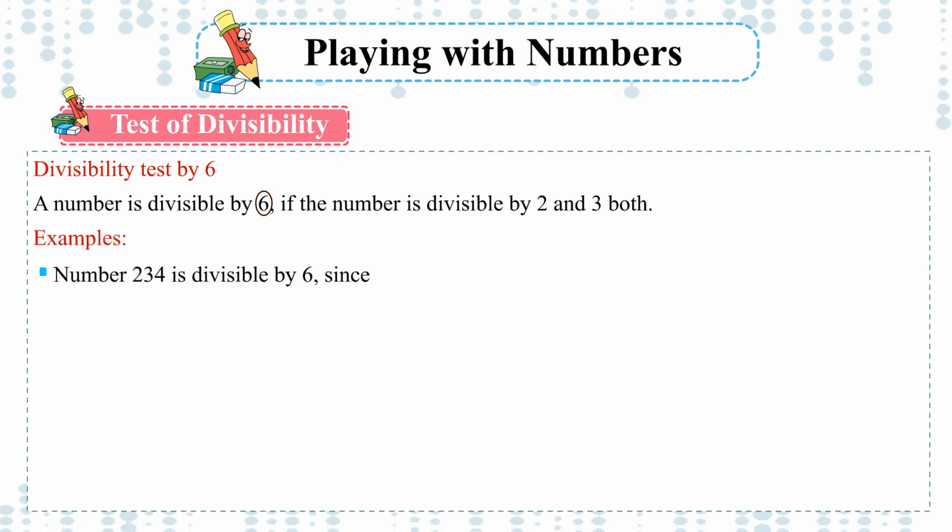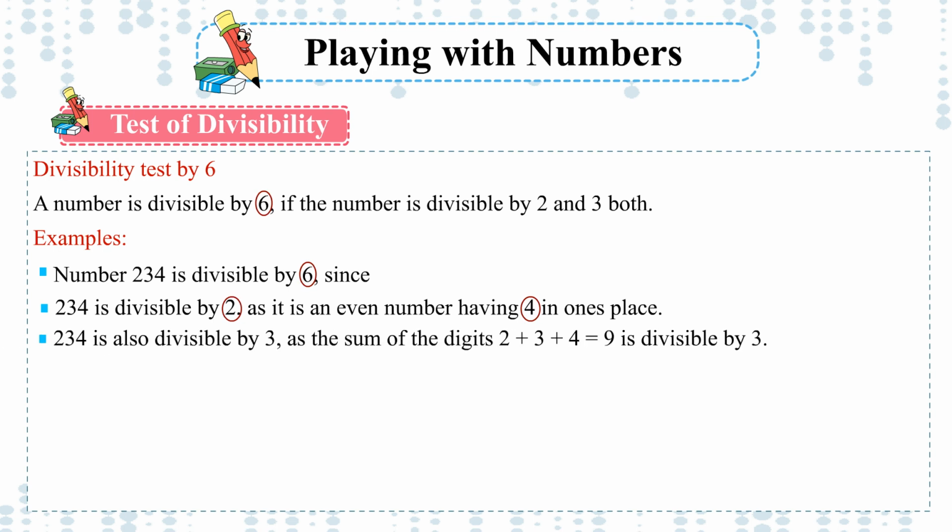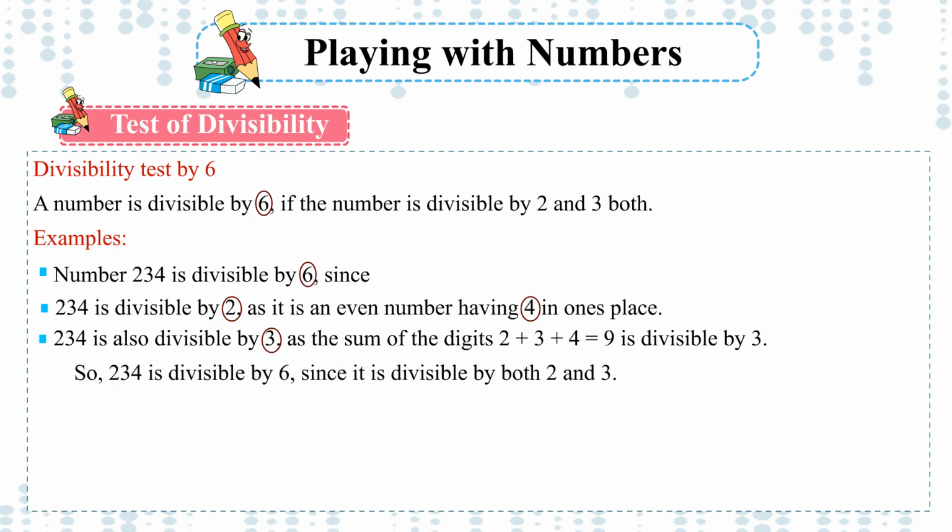Number 234 is divisible by 6, since 234 is divisible by 2, as it is an even number having 4 in ones place. 234 is also divisible by 3, as the sum of the digits 2 plus 3 plus 4 is equal to 9, which is divisible by 3. So, 234 is divisible by 6, since it is divisible by both 2 and 3.